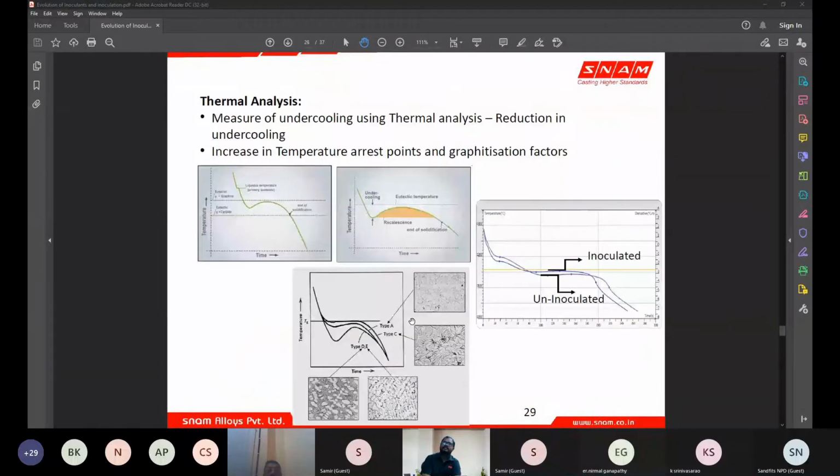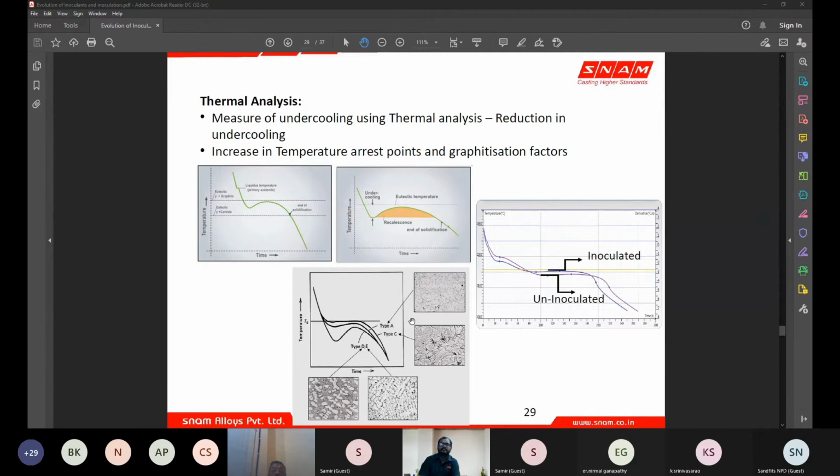And then comes the thermal analysis. People have been using thermal analysis to predict carbon using a CE meter, where you get accurate carbon, and then you include silicon and phosphorus, and you start getting carbon equivalent also. The same system is extrapolated to capture the entire cooling rate of the castings till solidification.